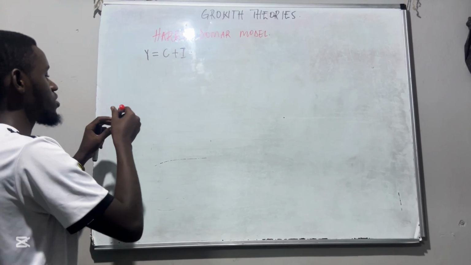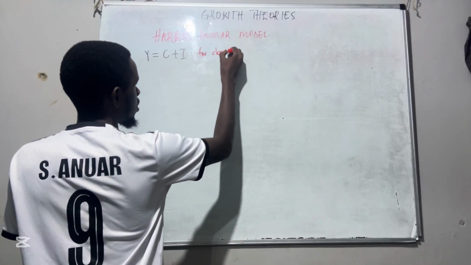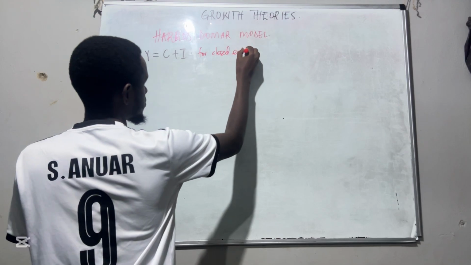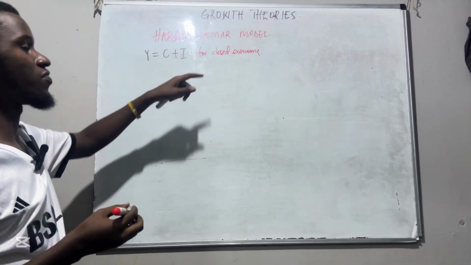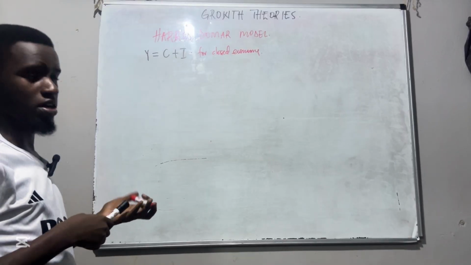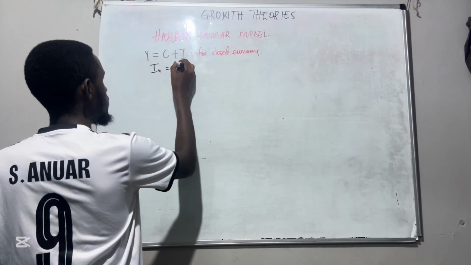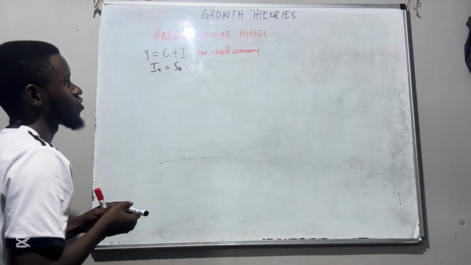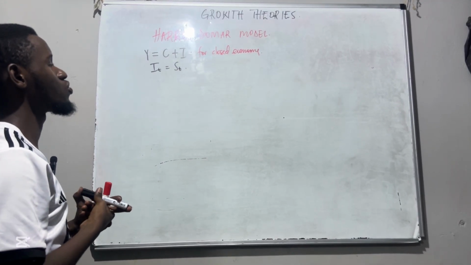Therefore, for a closed economy, total output in an economy equals consumption plus investment. But also remember that investment has to equal saving for a closed economy. These are from Keynesian theories, which we know.